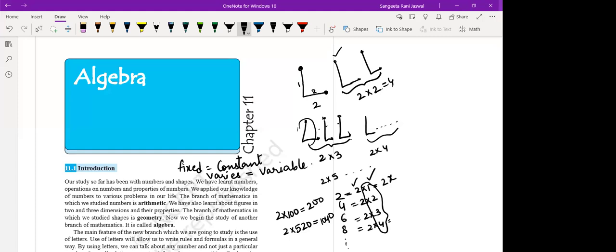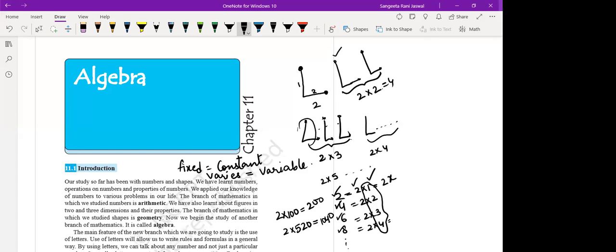We'll take more examples. We have more examples in your book. So the number which is fixed is called constant, and the number which varies is called variable. So here I have a variable. Now in this, this number is a constant number. But when I'm multiplying this with some variable, this number is also changing, no?